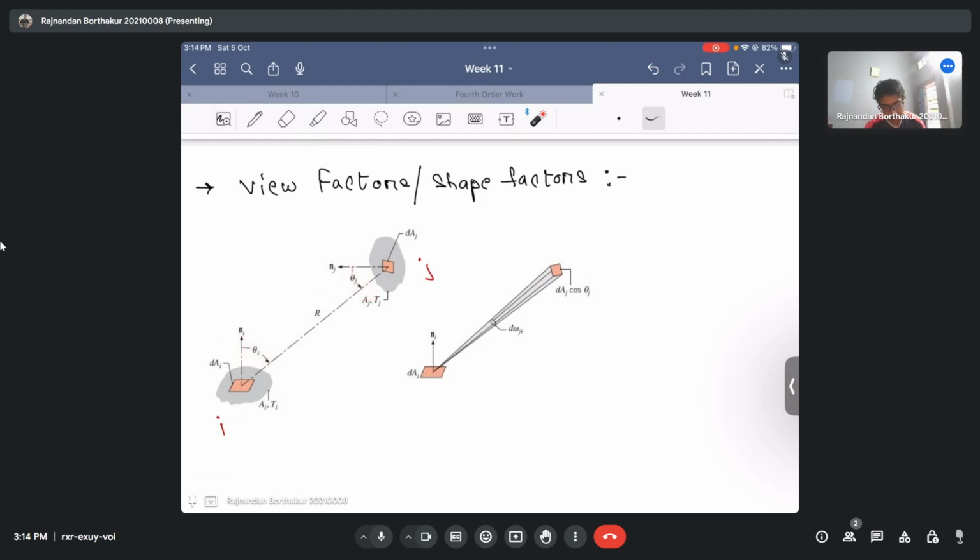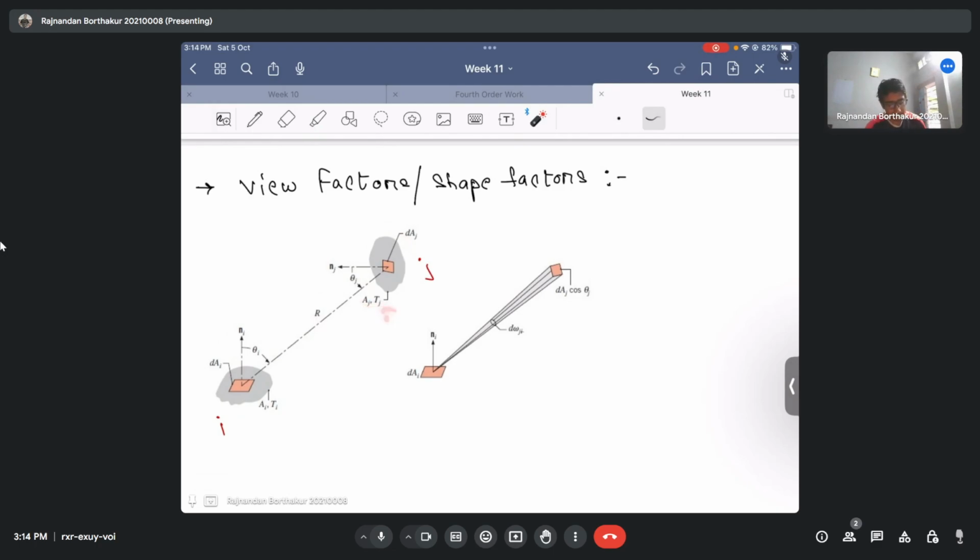In short, the normals of the ith and jth surfaces make angles theta i and theta j respectively with the line connecting the centers of these two surfaces. The total area of the entire surface whose differential area is dAj is Aj, and its own temperature is Tj.